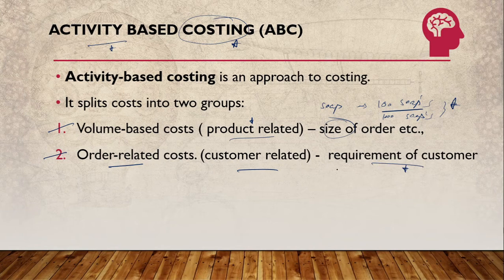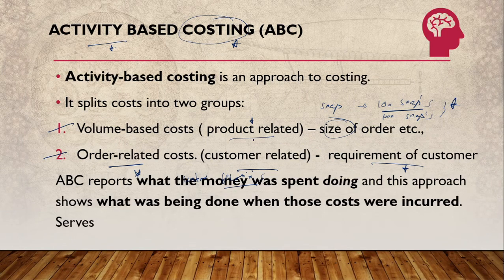So depending on the customer, some may order very less or some of them may order very more. As we know, customer behavior is very different and it varies from customer to customer. So knowing the customer related cost is also important. So these are the two things which will help. How this activity based costing helps is that whatever activity you are involved in, this ABC will actually tell you what the money was spent doing.